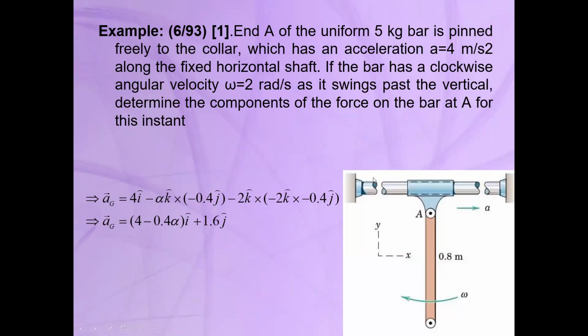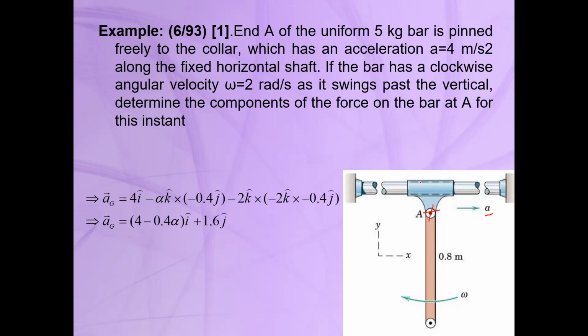Okay, here we have this structure. The end A of the uniform 5 kilogram bar is pinned freely to the collar. So here, this connection at point A is a pin connection, which has an acceleration of 4 meters per second square. So this acceleration A is 4 meters per second square along the fixed horizontal shaft.